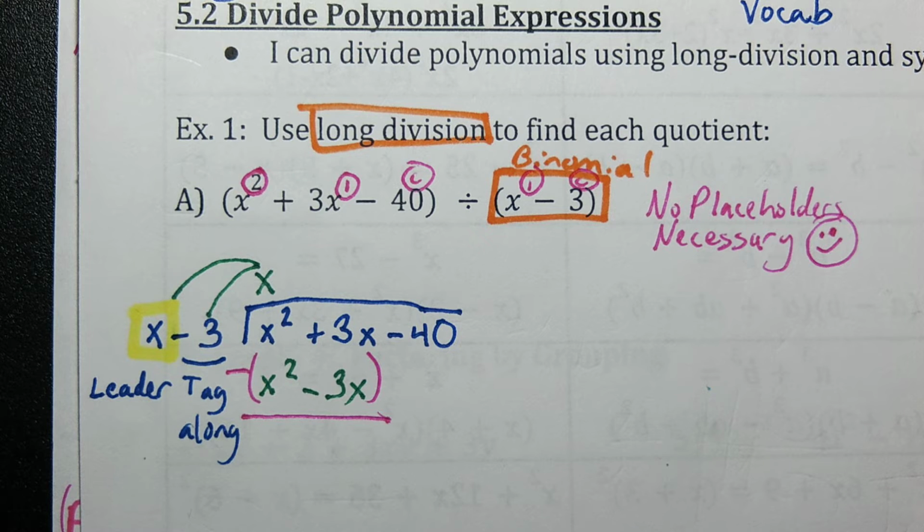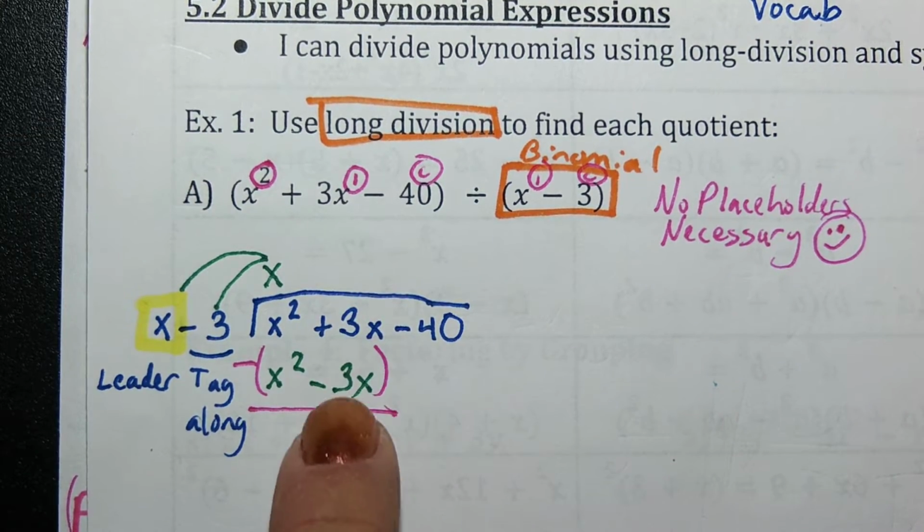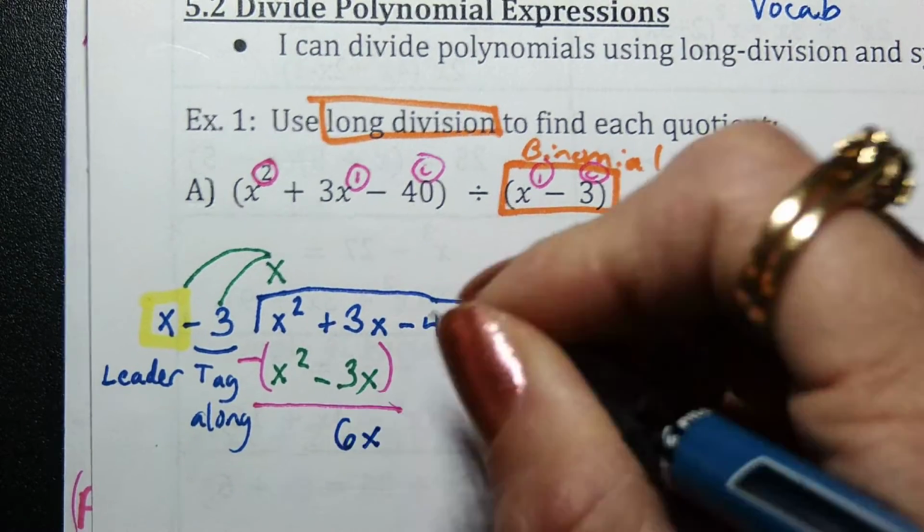But now I also have to subtract this second term. So what's 3x minus a -3x? It's 6x. So this negative combines with this one and turns into a big old plus sign, and I get 3x plus 3x, which gives us 6x.